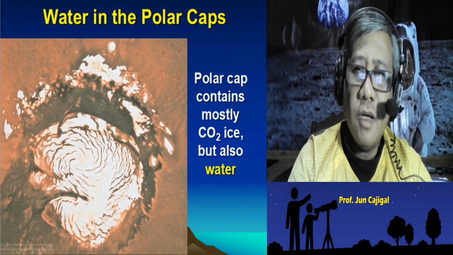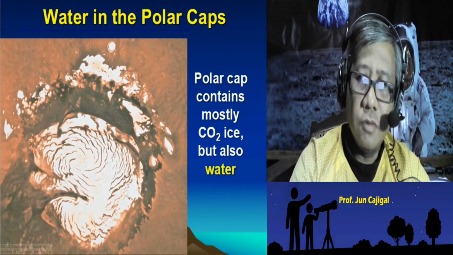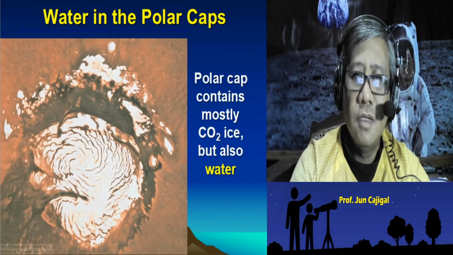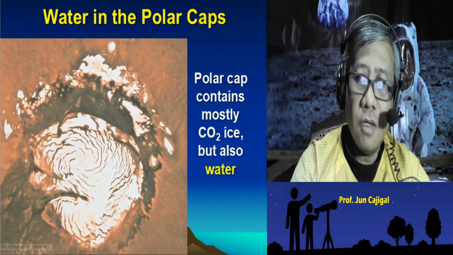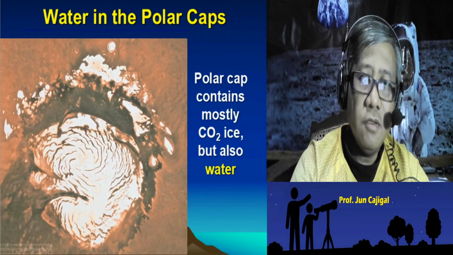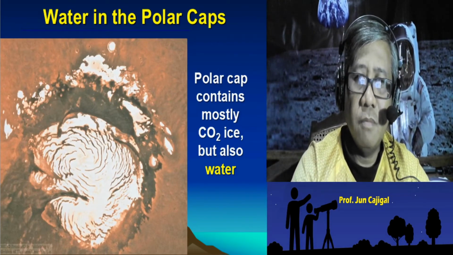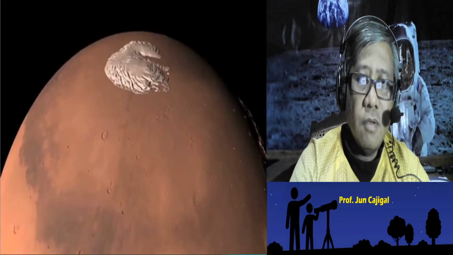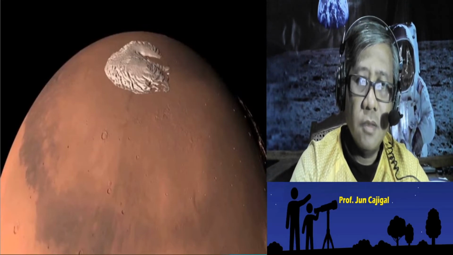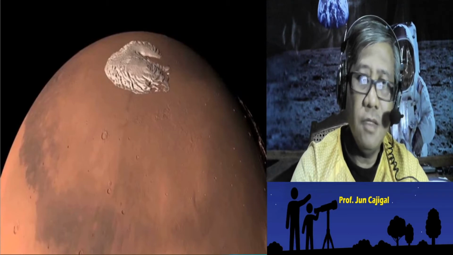And the polar ice caps contain mostly what? Carbon dioxide, dry ice. Okay, and also may contain solidified water. Okay, so nandun yung tubig. Nasa polar ice caps. Okay. Alright. Ayun, so that's the polar ice caps of Mars that may contain water in solid form. Hindi siya liquid.